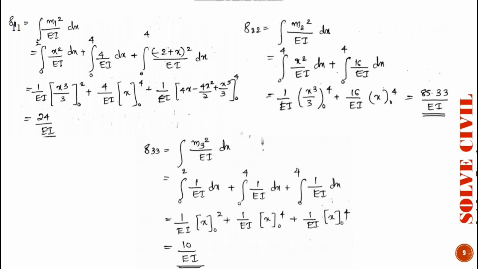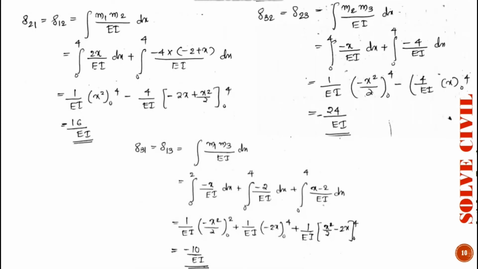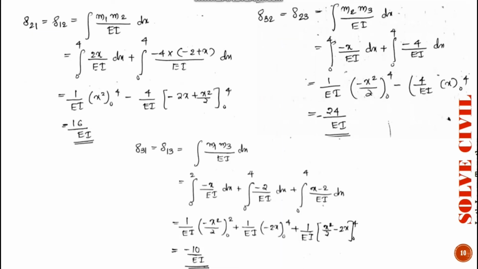Now we have to find the values of delta 11, delta 22, delta 33 and also delta 21 and delta 12, delta 32 and delta 23. Also, we have to find delta 31 equals delta 13.